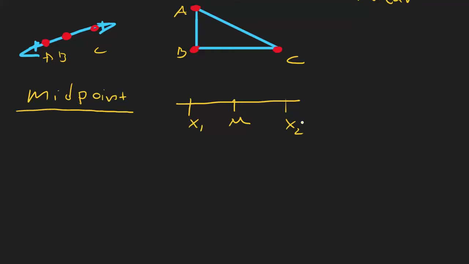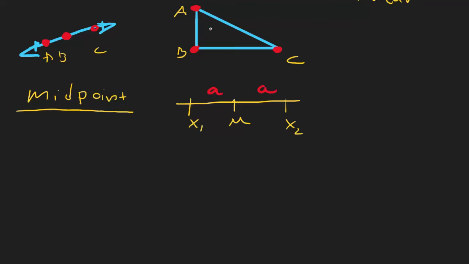So their distances should be the same. If this was equal to A, then this has to be A also. So how would I figure that out?